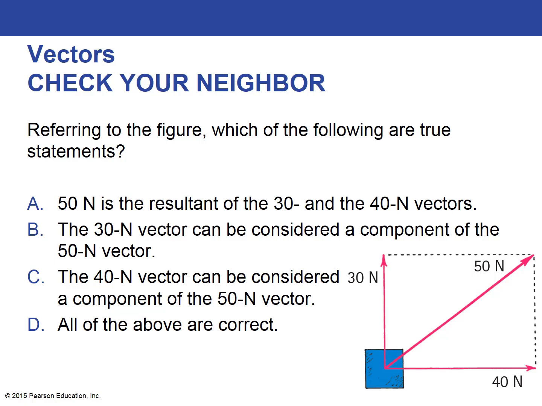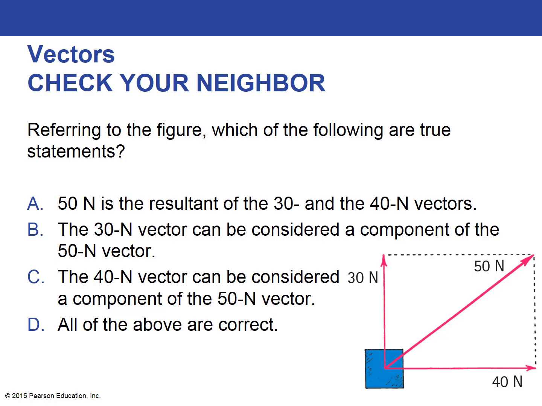So now I draw an arrow that goes from the base of the first vector, which is the center of the block of the object, up to the tip of the second arrow, which in this case will be at the upper right hand corner of the rectangle that is represented by the dotted red vertical and horizontal lines.